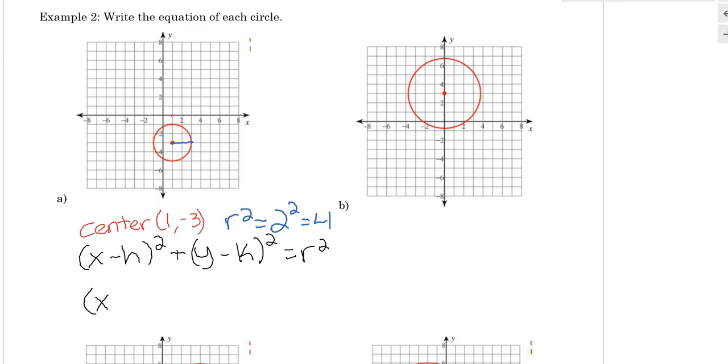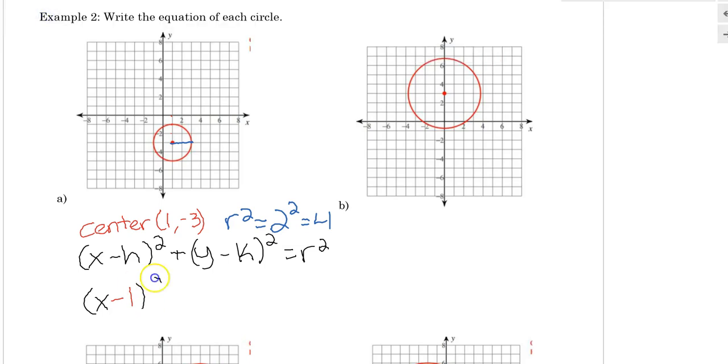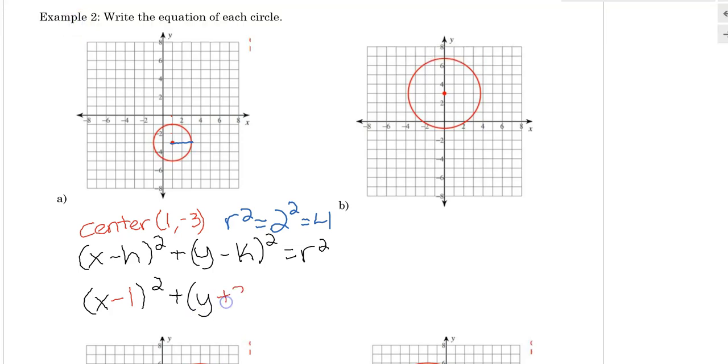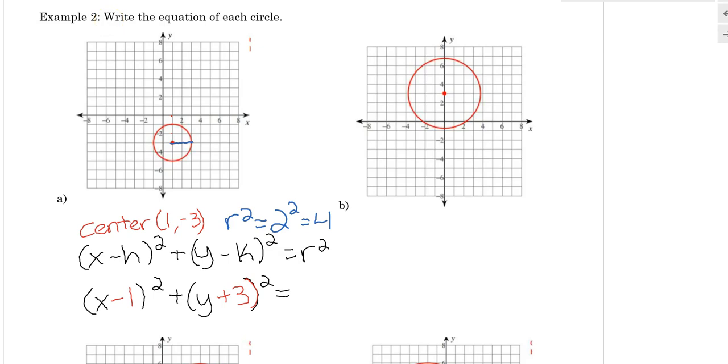So x, the 1 becomes -1, so that's (x minus 1) squared plus y, that -3 becomes +3, squared, equals, and then r squared we got to be 4. Okay, so that's the equation of this circle.